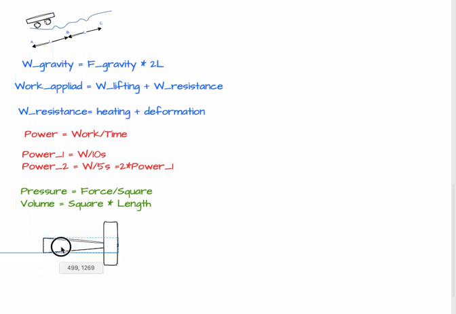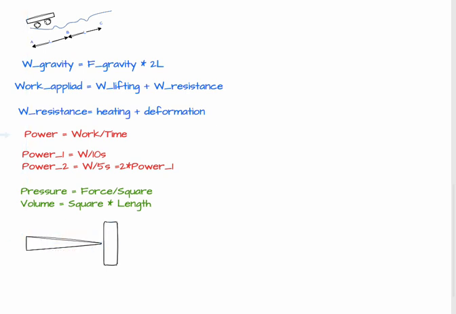In this case I'll likely be able to make a hole, and if the area is too big, I won't be able to. So when I reduce the area, I increase pressure. So with the same force, I can introduce more pressure and make a hole in the surface that I want. This is why pressure is equal to force divided by the area to which this force is applied.